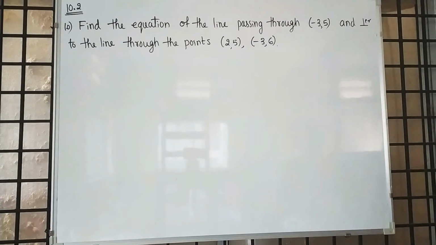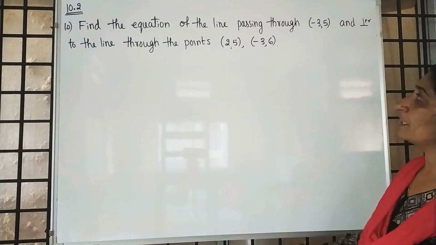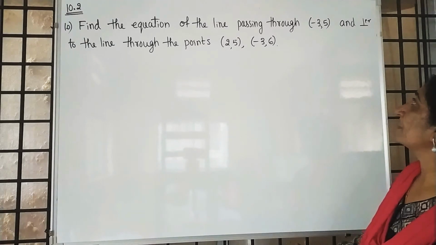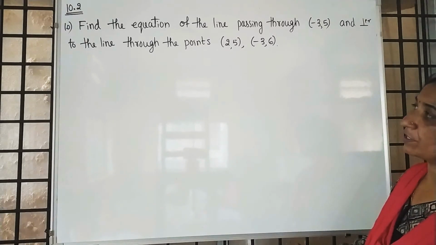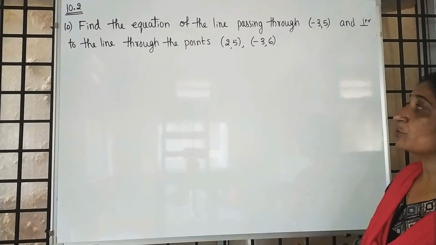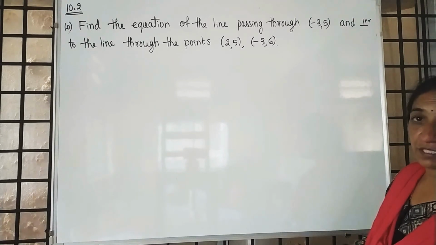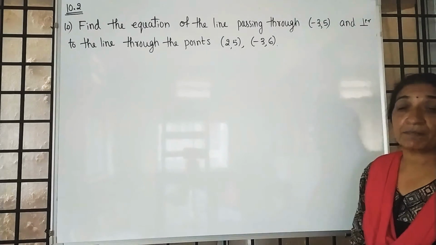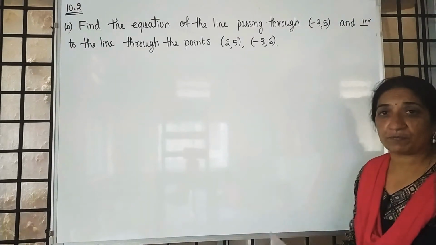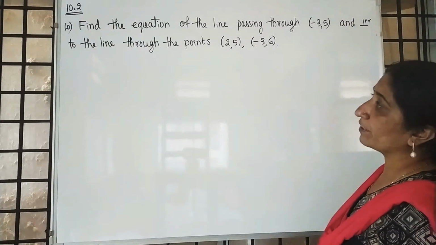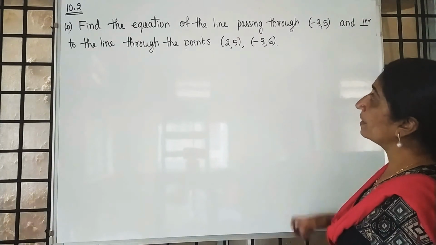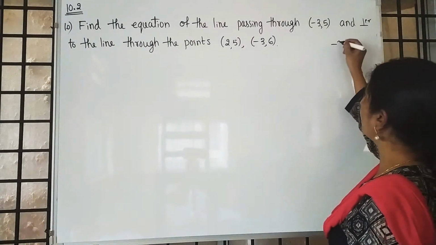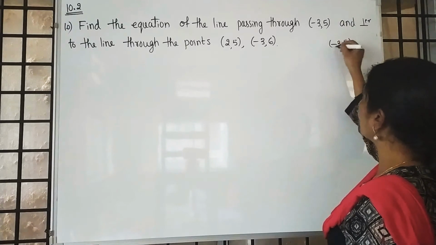See the 10th question. Find the equation of the line passing through minus 3, 5 and perpendicular to the line through the points 2, 5 and minus 3, 6. As I told you, analytical geometry depends completely on what you understood in the problem. Read the question carefully. Let us take the point here.